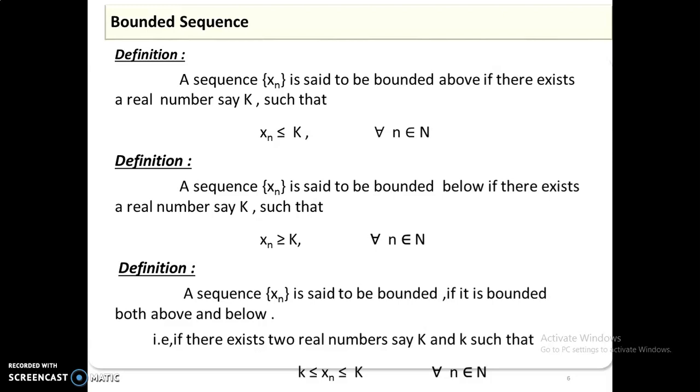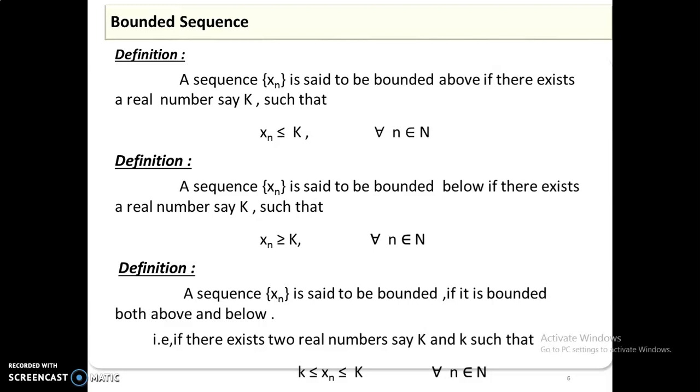That means any sequence xn is said to be bounded above if there exists a real number K such that the nth term of the sequence, xn, is less than or equal to that capital K for all n belonging to the natural numbers N.